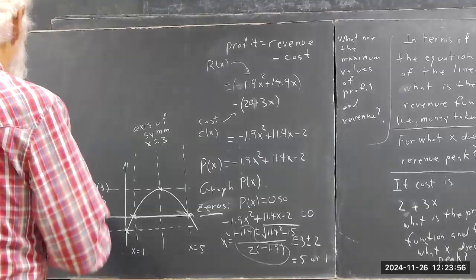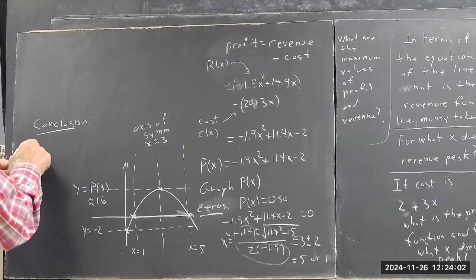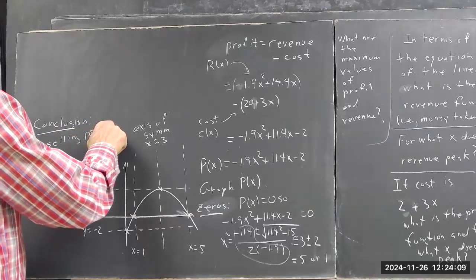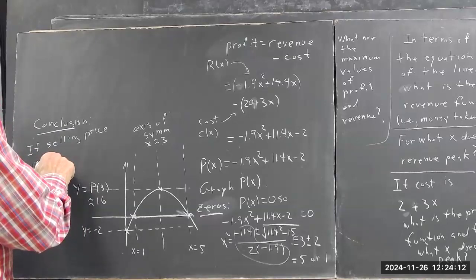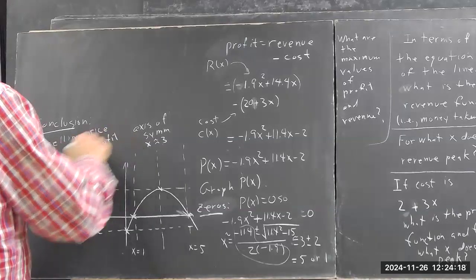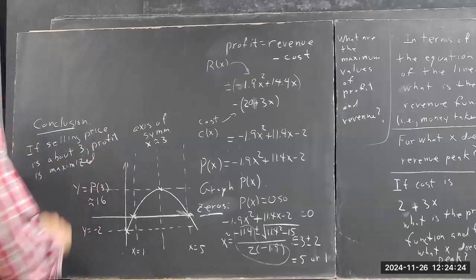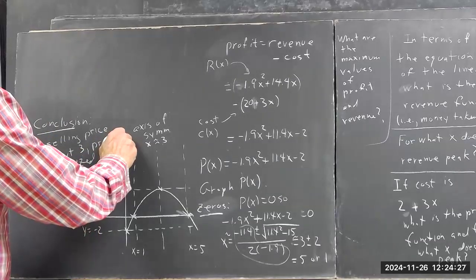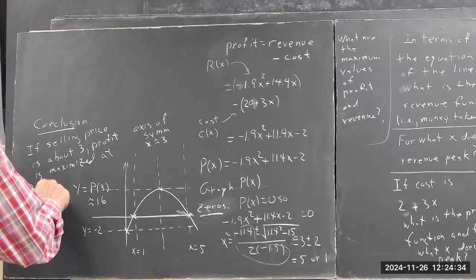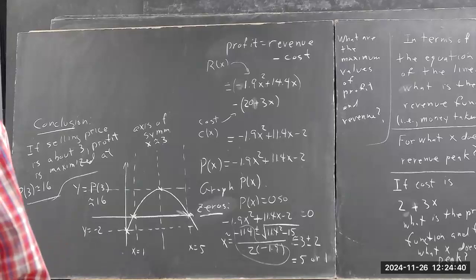So this says the price is about 3, the profit is maximized. P of 3 is roughly equal to 16.